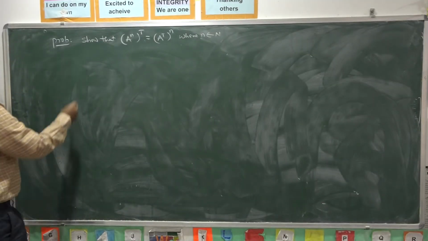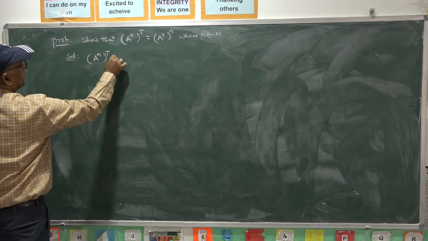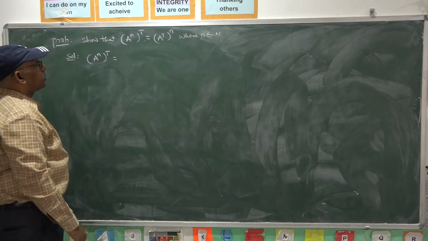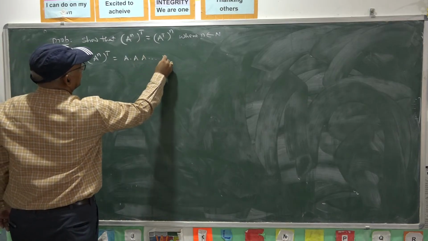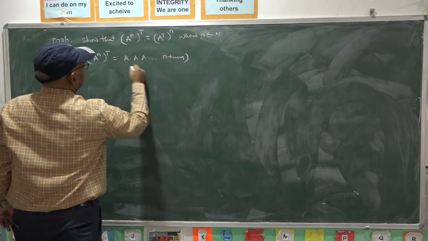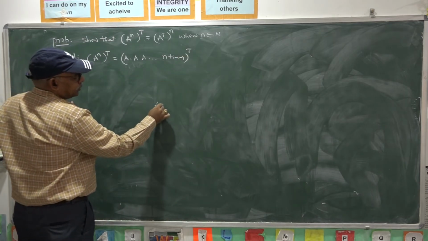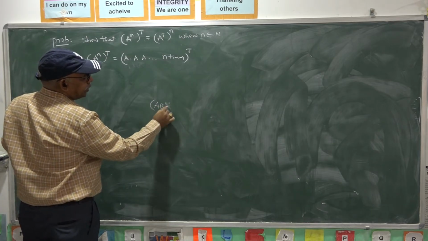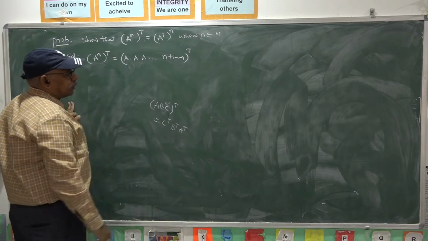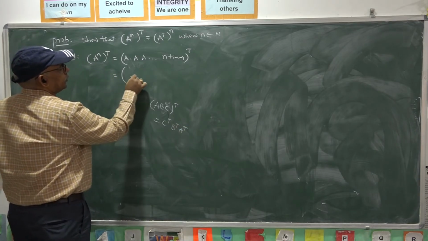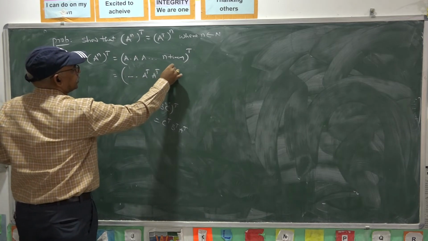Now to show this, it is a very simple solution. A power n whole transpose, where A power n means A into A into A, n times, whole transpose. By the properties of transpose, A, B, C whole transpose is C transpose, B transpose, A transpose. So this is A transpose, A transpose, A transpose, n times.